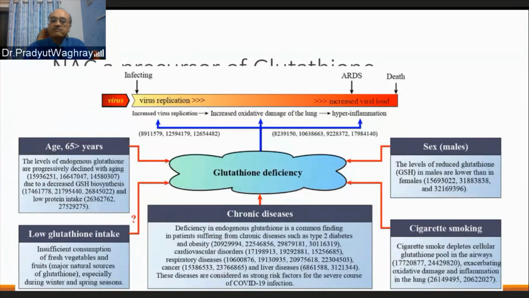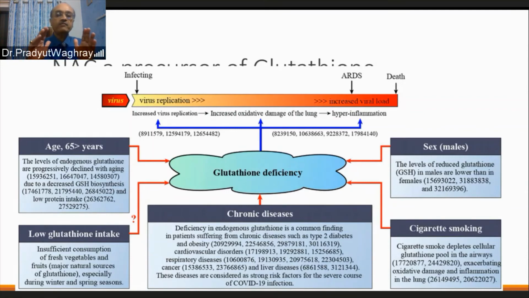In smokers, again, we have seen that cigarette smoke depletes the cellular levels of glutathione pool in the airways. And again, the levels of reduced glutathione are lower in males when compared to females. So all these groups, one thing in common is they have a glutathione deficiency. That is why these groups are very prone to develop all the complications of the coronavirus.